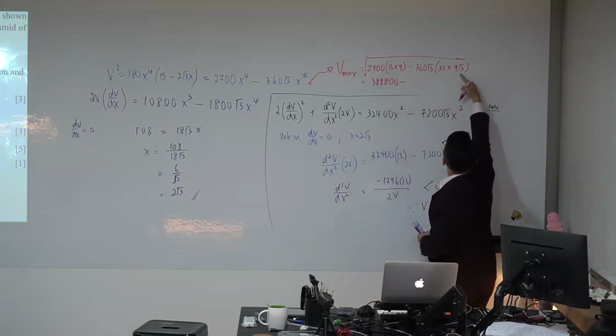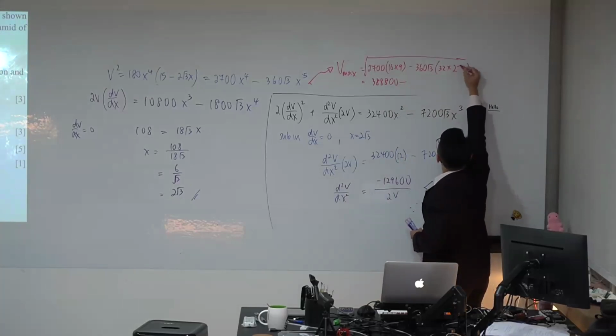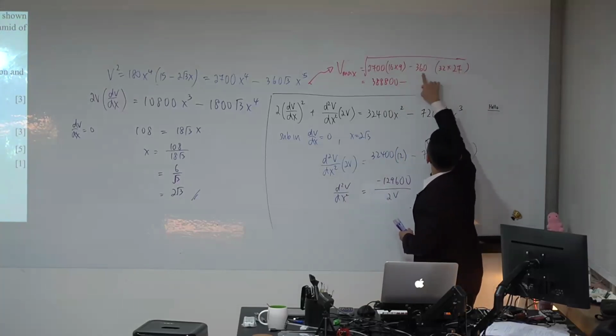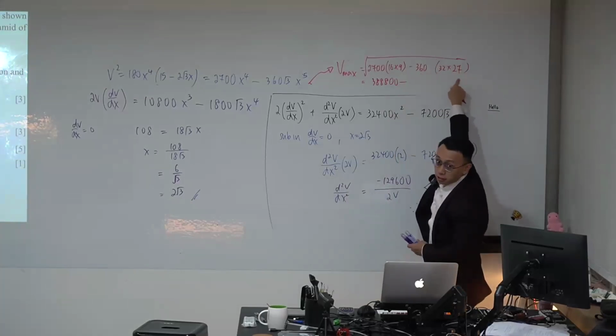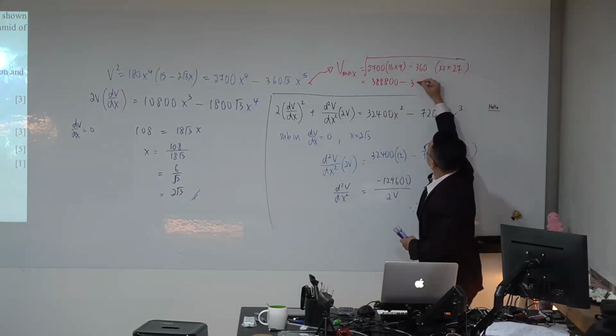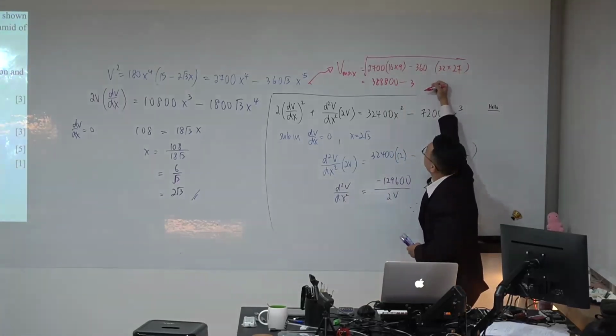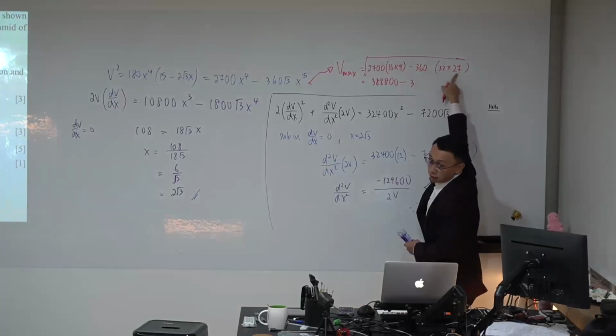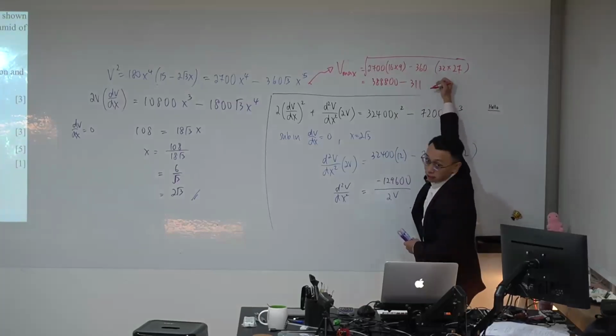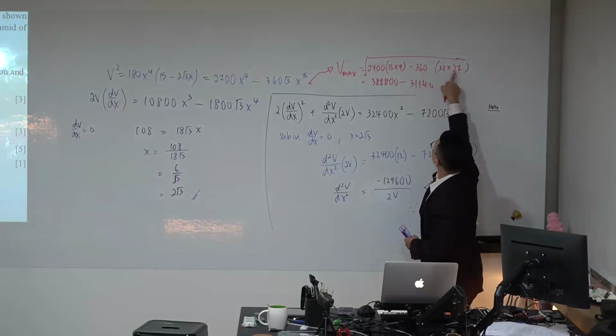I should change this to 27. Then I drop square root 3. Okay, can you times these 3 together? 360 times 32 times 27. I changed to like that already. It is 3 times together.